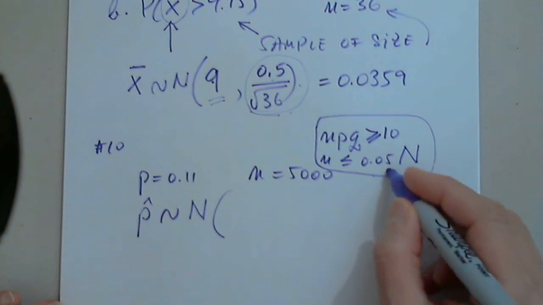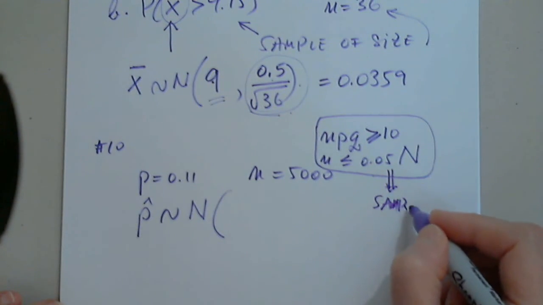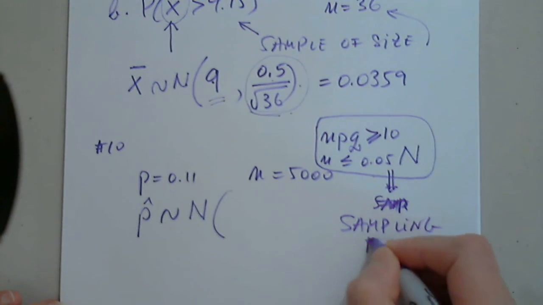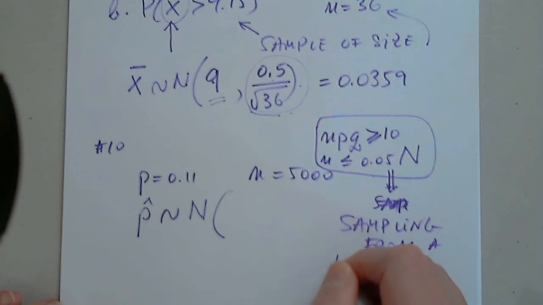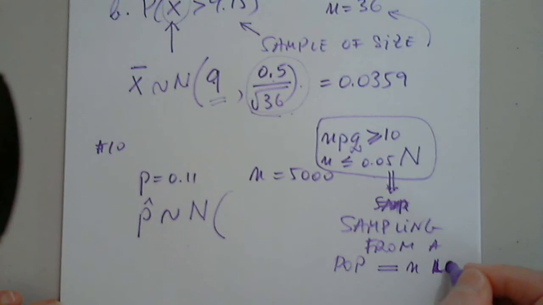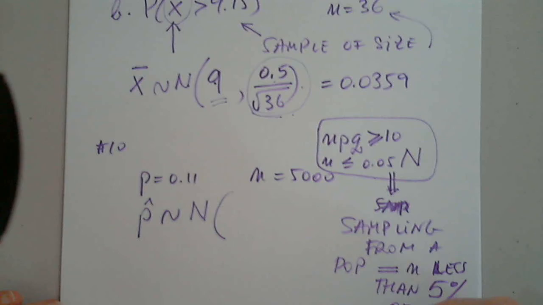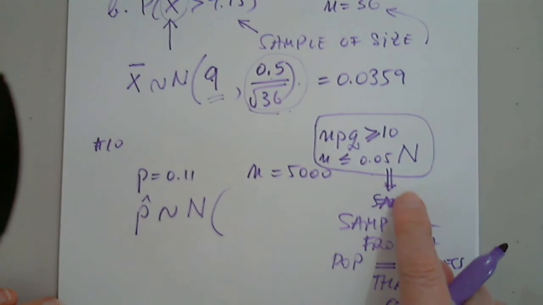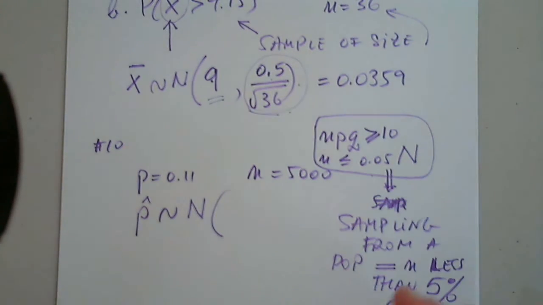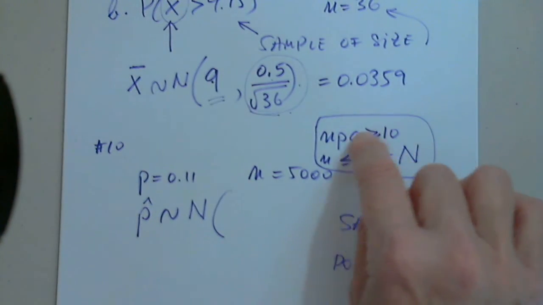So one more time, this second condition is taking samples from a population, but the sample size is less than 5% of uppercase N. This is what it means, that we are sampling less than 5%, so they are independent and so on and so forth. Okay, so we have to assume this one, but this one I have to check.